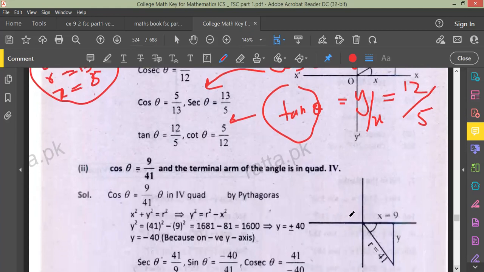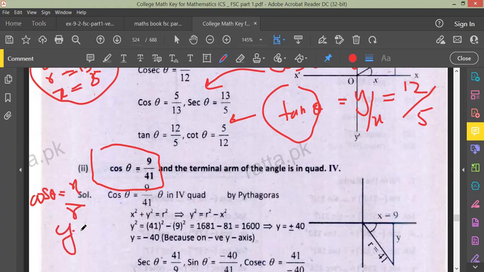Similarly, second part, cos theta is equal to 9 over 41. We know that cos theta is equal to x over r. So the value of x will be equal to 9 and the value of r will be equal to 41. So we have to find the value of y. Another important thing is that the terminal arm of the angle is in fourth quadrant. We know that in fourth quadrant, our x is positive and y is minus.